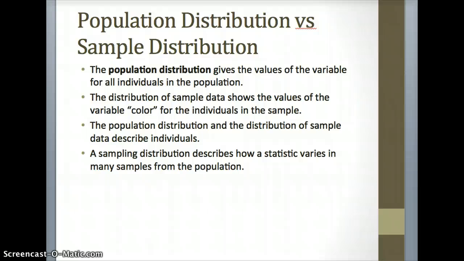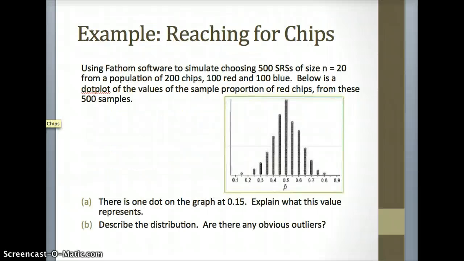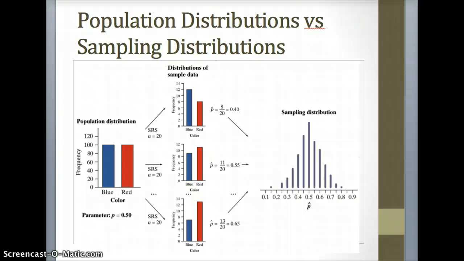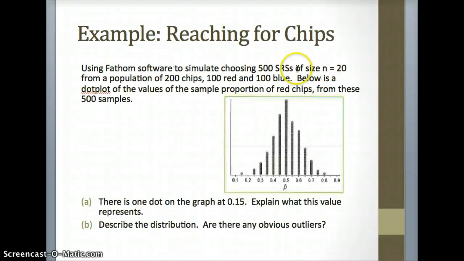And now to take a look at an example. So it's the same background. We're still dealing with the 200 chips, still dealing with a size of 20 in our sample. And this time, it's the same as this one. It's 500 SRSs. So let's talk about certain things to see where we're going to make sense out of things here.